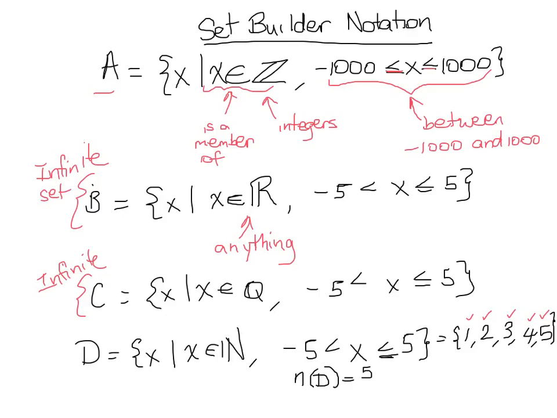However, we can't answer that question for n of B. N of B cannot be answered because there are infinitely many real numbers between -5 and 5. So in this case, maybe you could just write the infinity sign, or say it's not possible to list them, so you don't give a number. So n of B is not possible. So n of any set is the number of elements in that set.